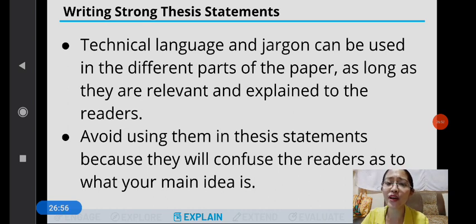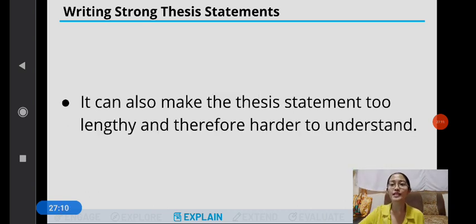Okay? Avoid using jargon, no? Or terms that are very specific to a type of population. That's the one. Okay. It can also make the thesis statement too lengthy and therefore harder to understand.